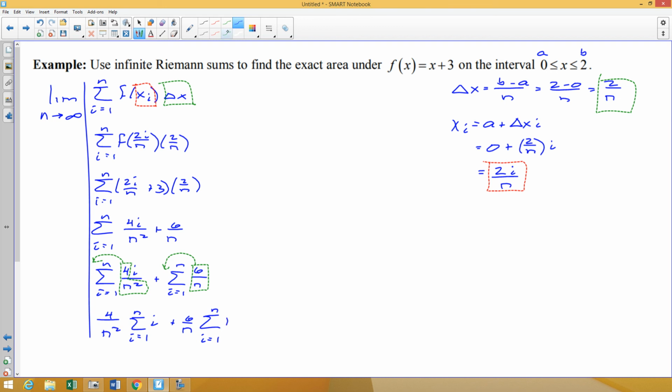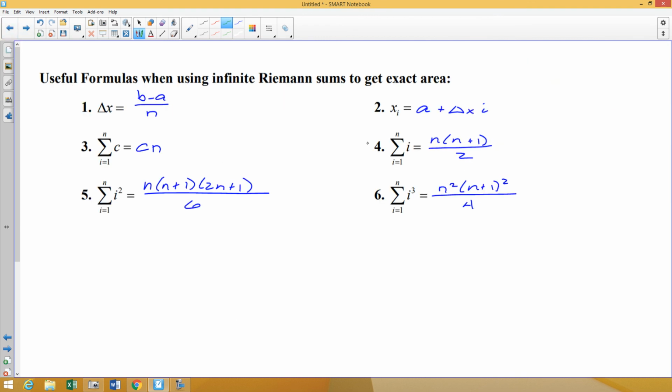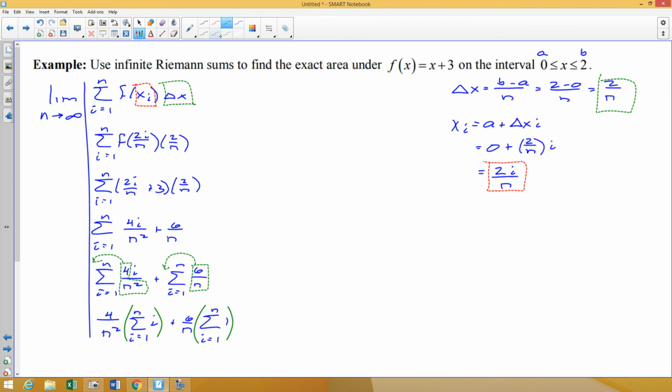And what I've created here, I have the sum of the first n integers and the sum of a constant n times, which goes back to these formulas that I gave you a minute ago. We're going to use number 4 and we're going to use number 3 right here to get rid of the sigmas, to get rid of summation notation, and this is going to turn into a new limit up here.